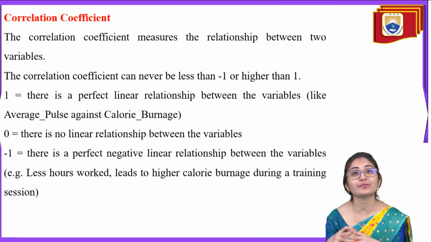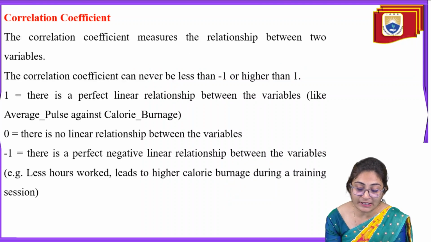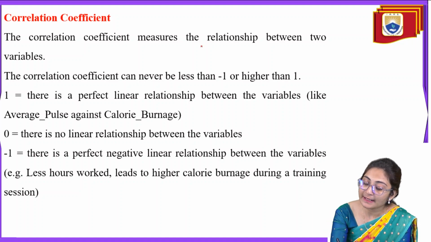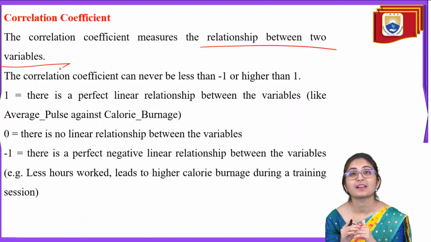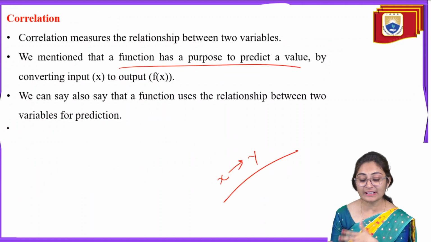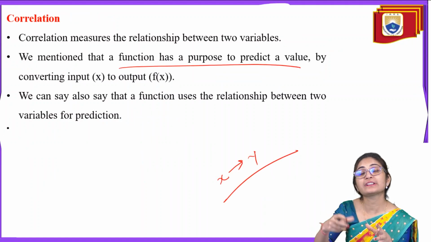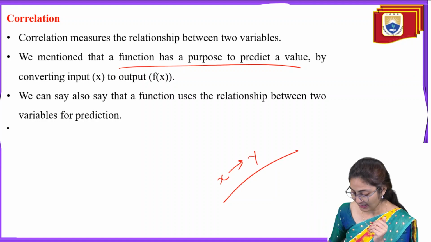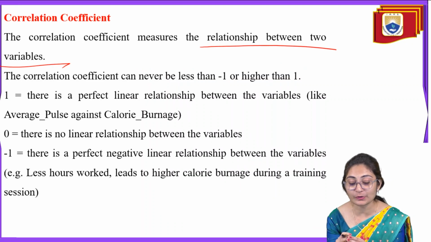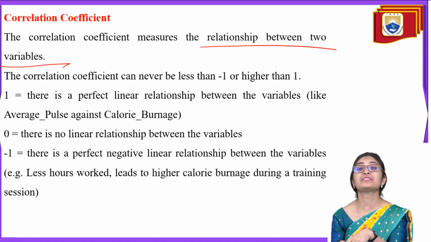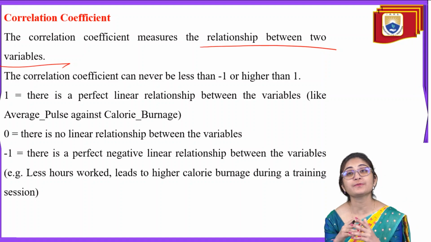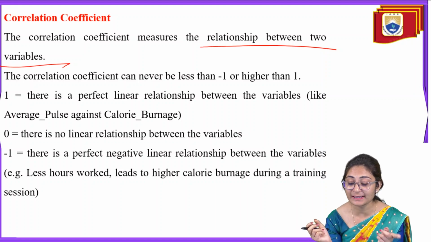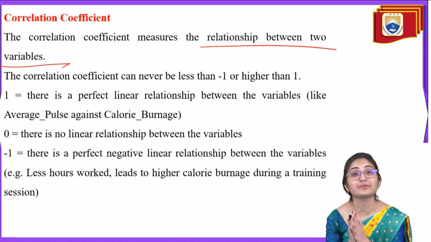Then the correlation coefficient. The correlation coefficient measures the relationship between the two variables. In correlation also, it's just the relation between two variables. The correlation coefficient will show the measure of the relationship of the variables. Now the correlation coefficient can never be less than -1 or higher than 1.